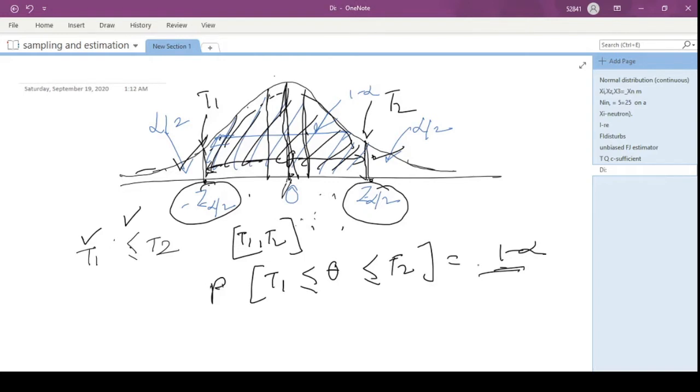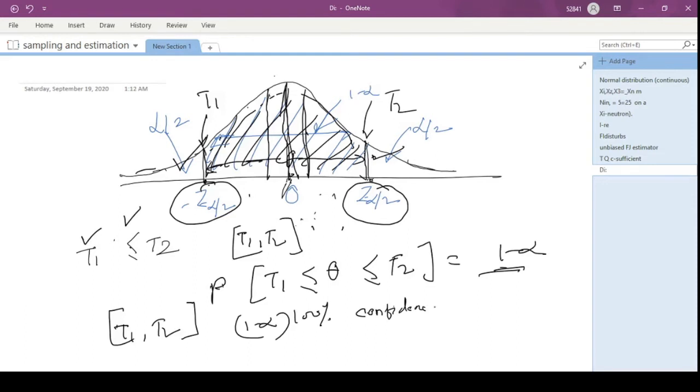Then we say that this random interval T1, T2 is known as the 1 minus alpha, or 100 times 1 minus alpha percent, confidence interval for the unknown population parameter theta.